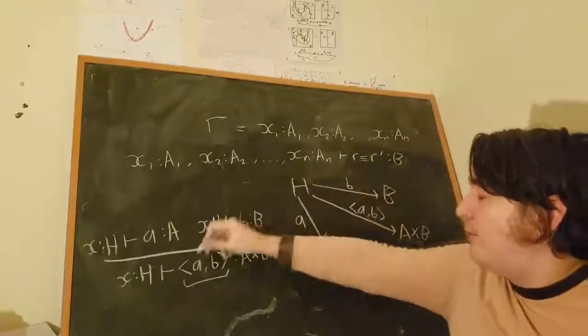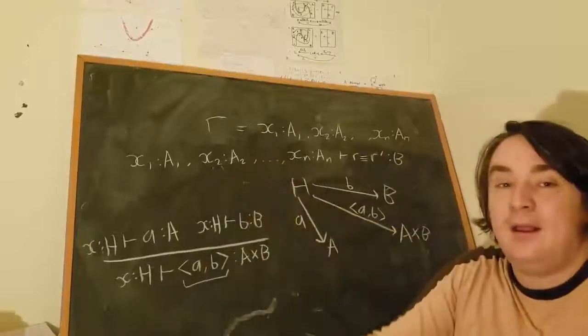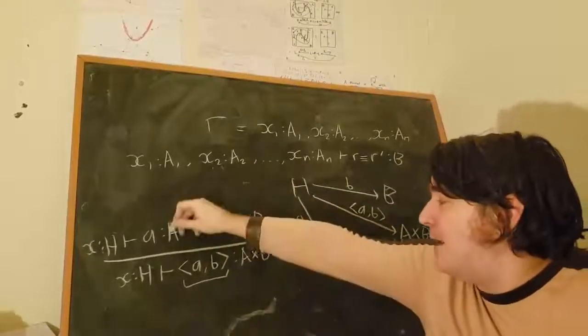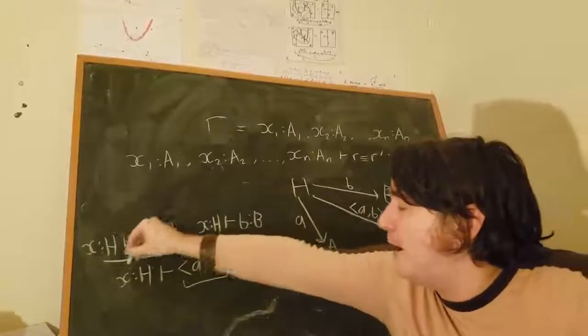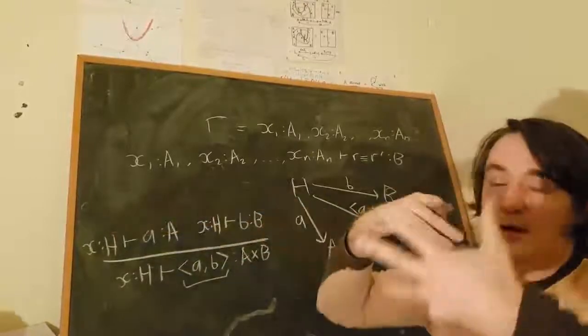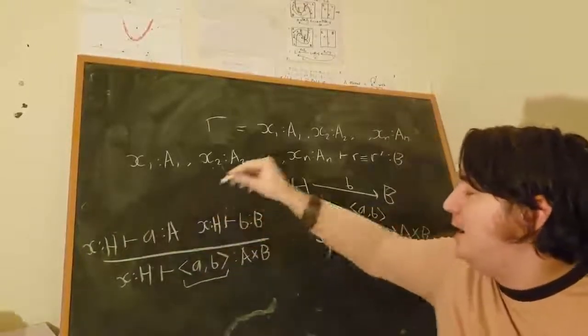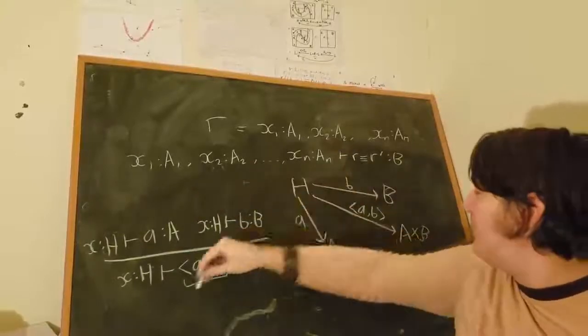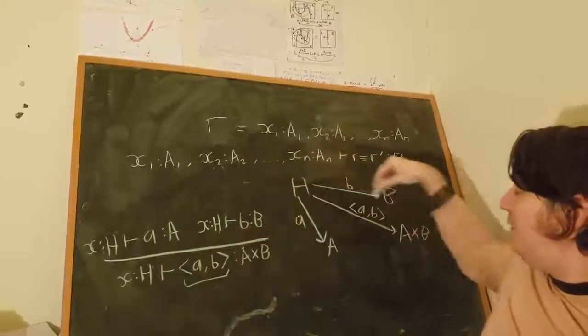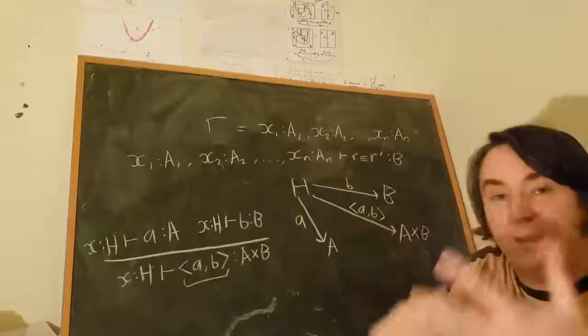So we could interpret this in terms of set theory. We could say that if we have a term little a of type capital A, which might depend on a variable x of type H, that's giving us a function from H to A. If we also have a function from H to B, then we can form this function into the Cartesian product of the sets A and B.